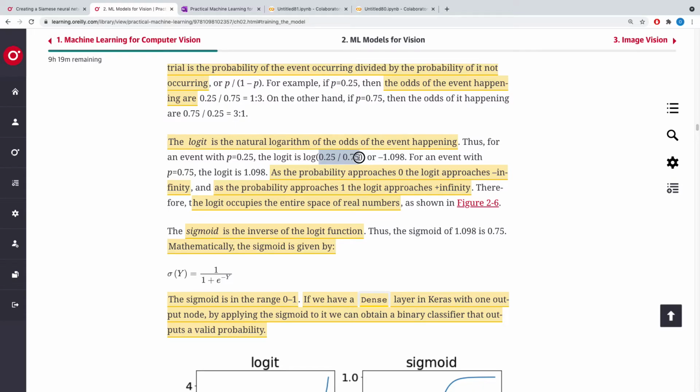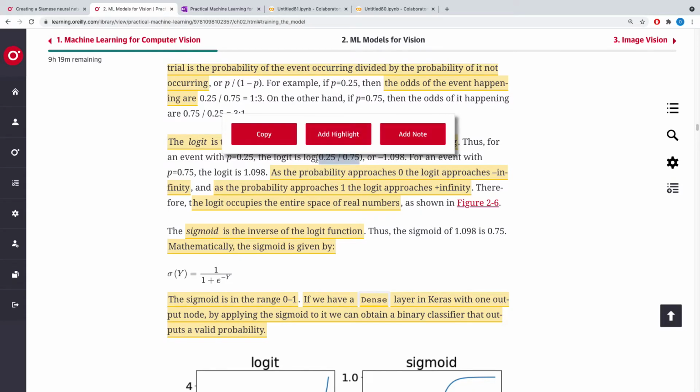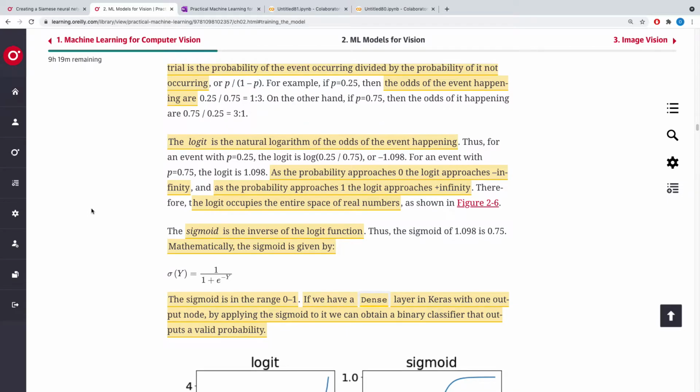Then you take the natural log of the odds, and you get the logit. For instance, for an event with p equal to 0.75, the logit is 1.098.